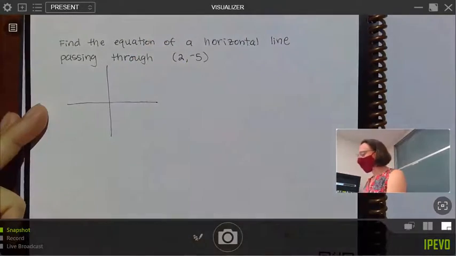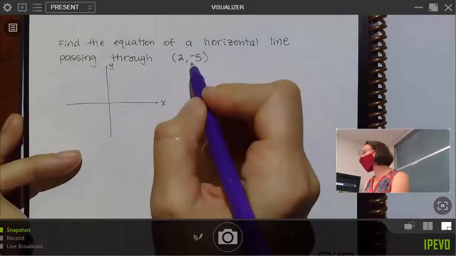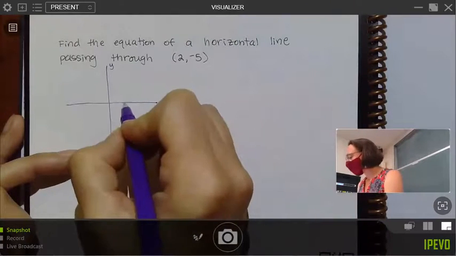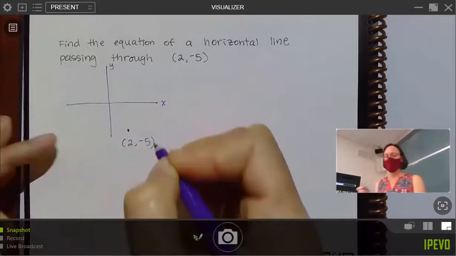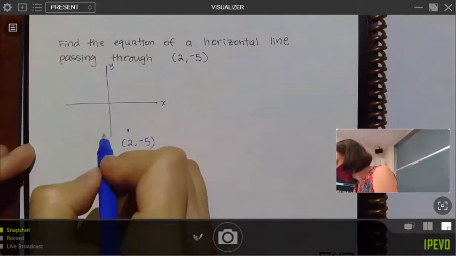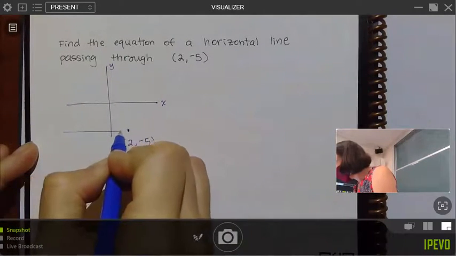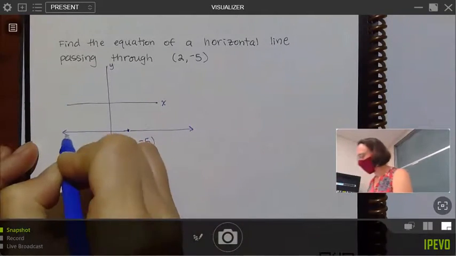So here's my coordinate plane. That's my X, that's my Y. If I go to the point 2, -5, that's 2 to the right, but down 5. So I'm down here at 2, -5. When I draw in a horizontal line, here is my horizontal line.